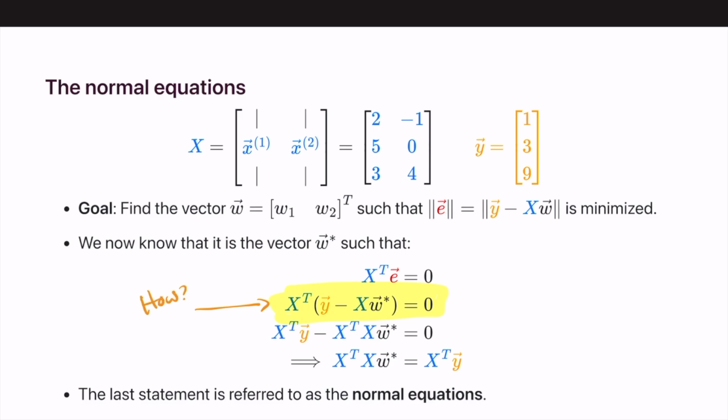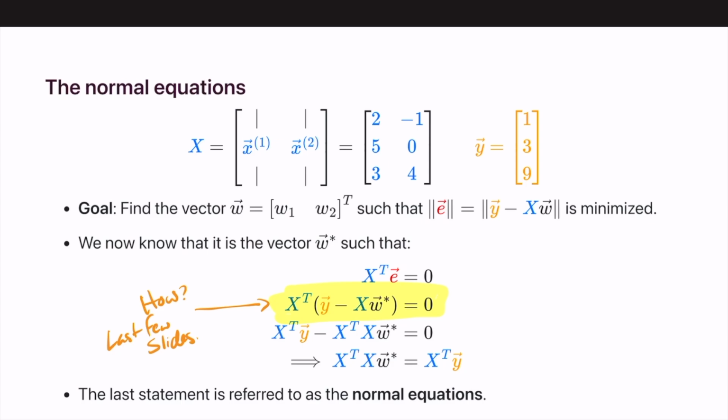And that's what we've done. This is what we saw on the previous slide, so this was the last few slides. Now, we want to actually be able to solve for w, to get that w star.